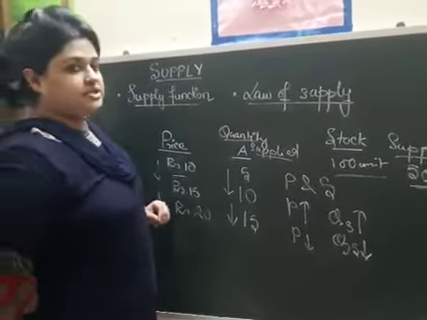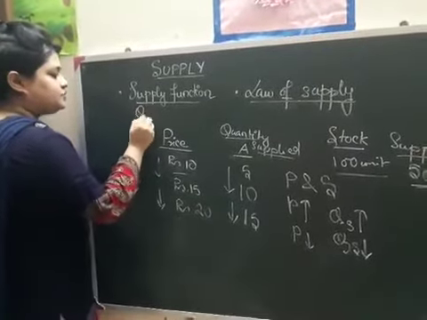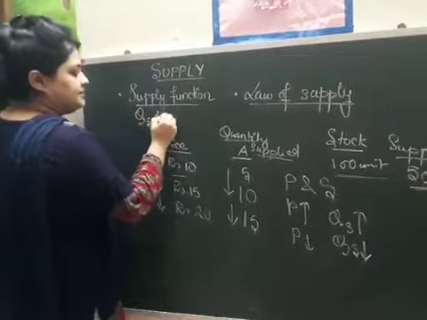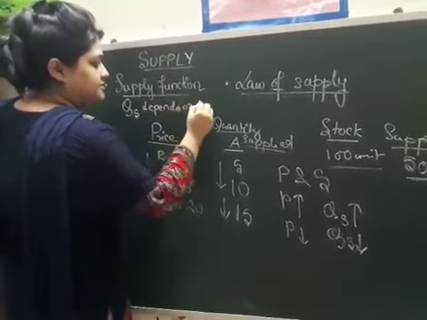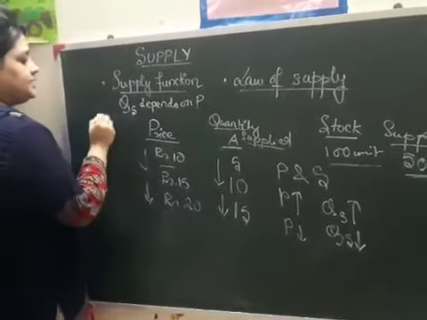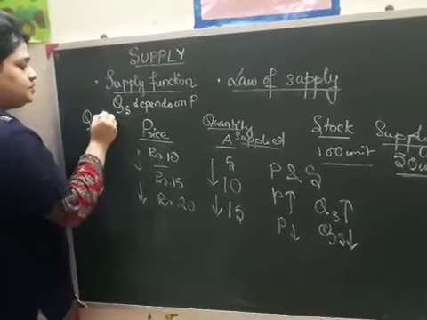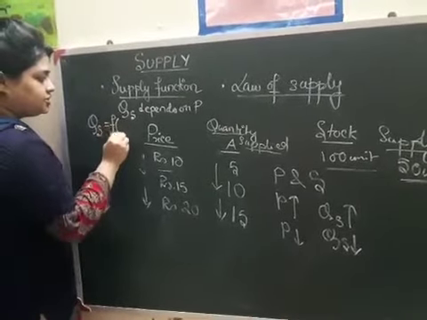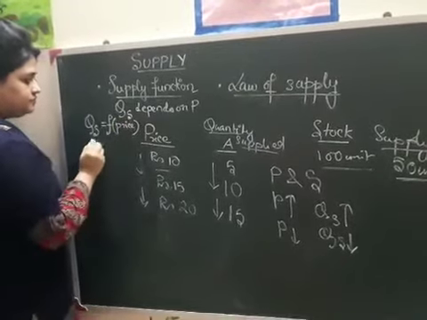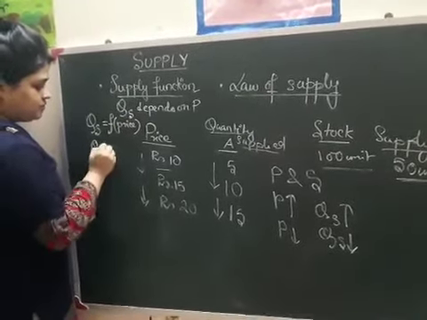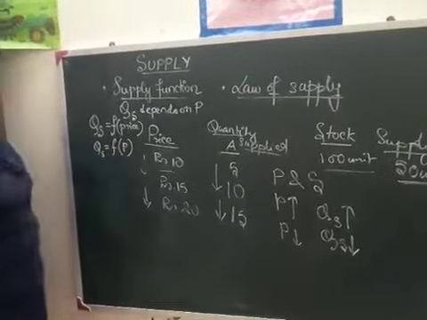We call that relationship functional relationship. That is, quantity supplied depends on price, or we can say in mathematical notation, quantity supplied is equal to function of price, or it is written simply Qs = f(P).